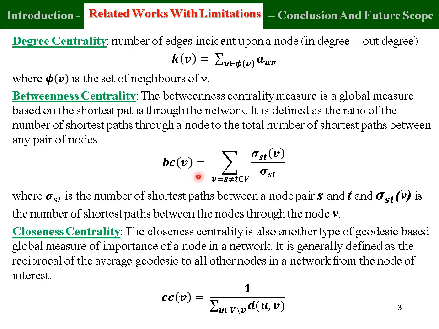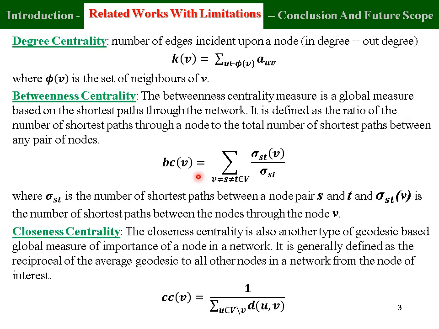Another example could be given, like if there are two parts of a city, and in between there is a river and only one bridge. Now this bridge is connecting the left part of the city to the right part of the city. If we consider it as a network or graph, then any node on the left side is connected to a node on the right side through the bridge.